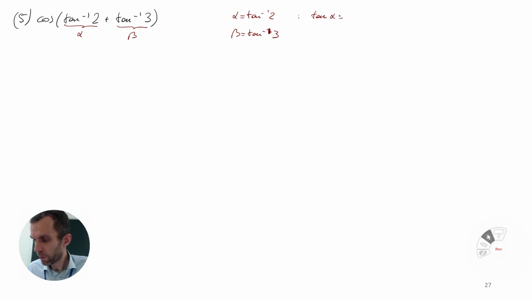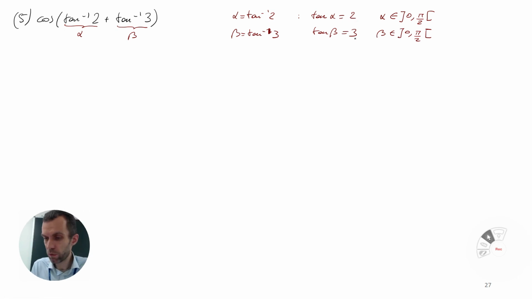And in particular we have tan alpha is 2, tan beta is equal to 3. So what else do we know here? Well, from this we can also derive that alpha is in the interval 0 to pi over 2, and beta is in the same interval 0 to pi over 2. And that follows from the fact that these angles have positive tan values, tan 2 and tan 3.